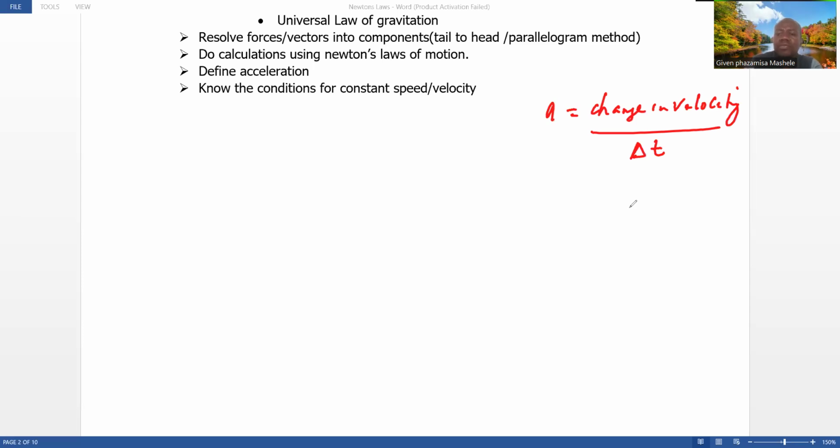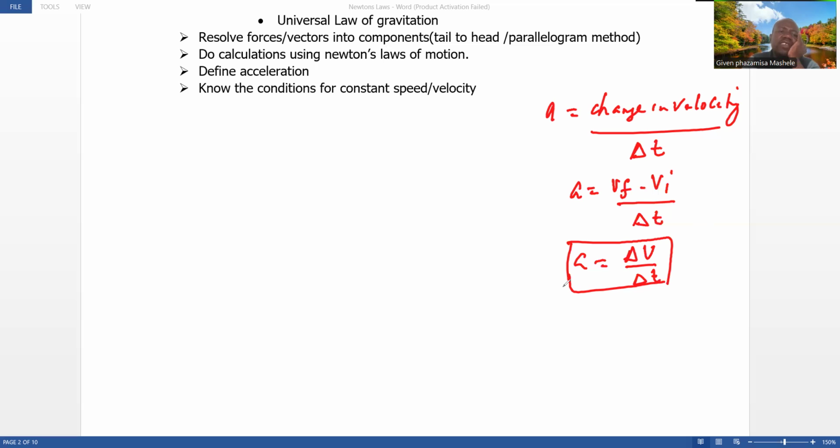So acceleration is final velocity minus initial velocity over the time. That's why we say acceleration is change in velocity over change in time. As I said, in physics, any equation that has time in it, especially in the denominator, when you are defining it, you talk about the word rate.